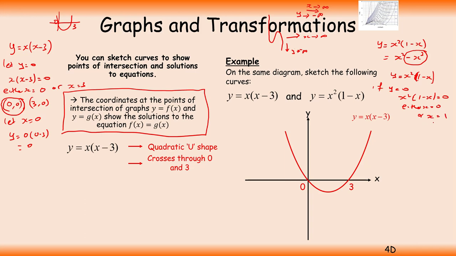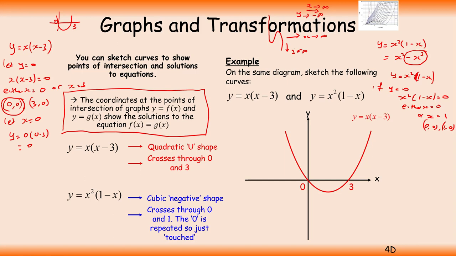So we've got a couple of coordinates there: (0, 0) and (1, 0). So it's going to pass through those points on the axes. I can also look at when x equals 0, but I know it's passing through the origin. So I'm ready to sketch this curve. It passes through 0 and 1, and it looks like that. So let's put the coordinates on there. We've got the origin and we've got 1 here.